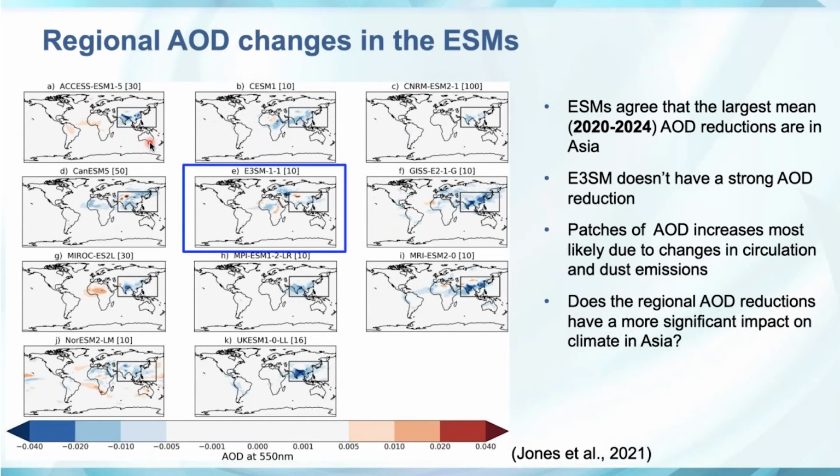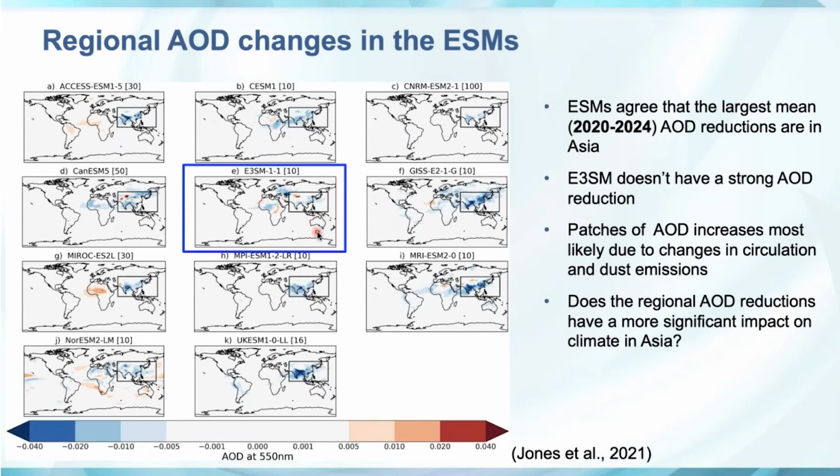All the Earth system models agree that the largest mean AOD reduction is in Asia, in this box. E3SM is here in the middle. It does not have a strong AOD reduction compared to some of the other models, as you can see. And besides the reduction, there are also patches of AOD increases.